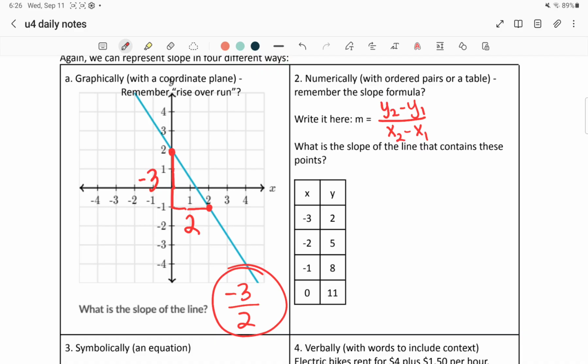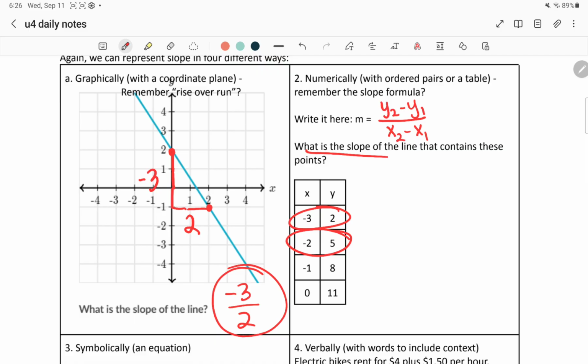So how it's going to go is, what's the slope of the line that contains these points? Cool thing is I get to pick any 2 points that I want. I can pick the top and the third one. I can pick the top and the bottom. I can pick both of the ones in the middle. I'm going to end up getting the same answer, which is kind of cool. But for the sake of this example, we're going to use these two.